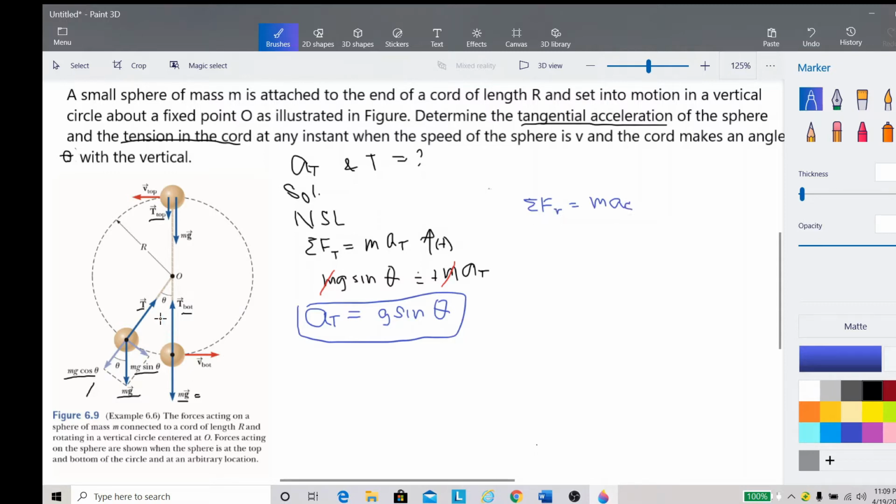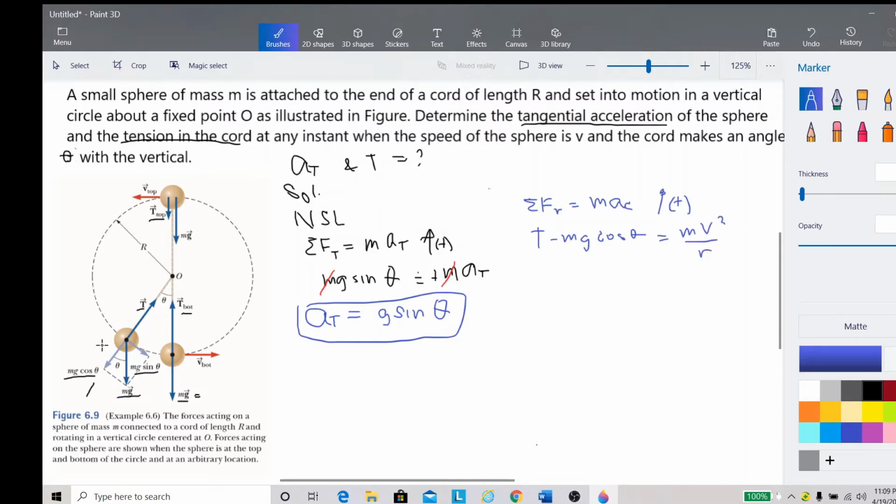So what are the forces along radial? We have upward to be positive again. Upward to be positive. T is directed upward. T and then minus mg cosine of theta. T minus mg cosine theta is equal to m v squared over r.